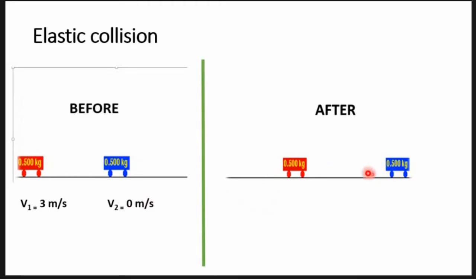After the collision, the red card stops and the blue card moves. This is an example of an elastic collision. The question is, what is the velocity of the blue card after the collision?